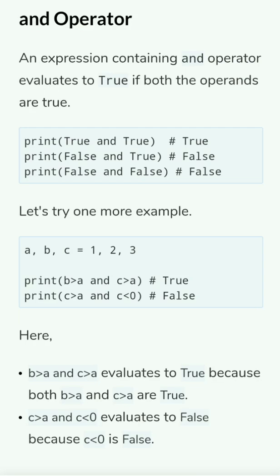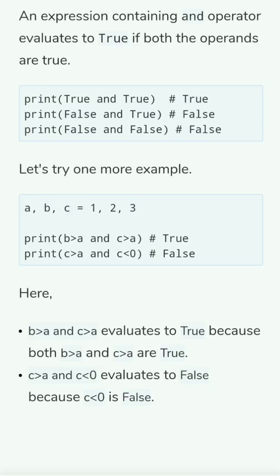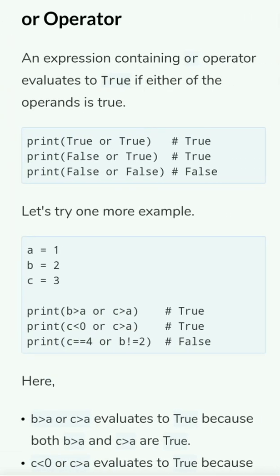Now when we print b greater than a, which is 2 and 1, is a true expression, and c greater than a, which is 3 and 1, it's going to give us the result true because both operands are true. But if the expression is c less than 0, which is not true, it's going to give us the result false.